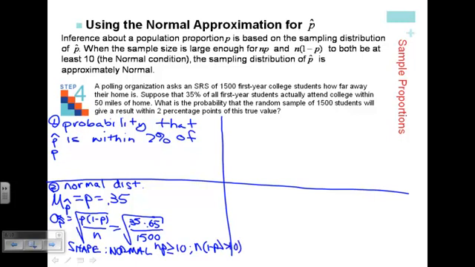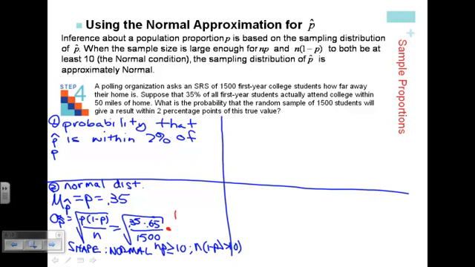Oh, I'm sorry, I forgot something here. I can't calculate the standard deviation unless I know I have independence. What was that condition for independence? The population is at least 10 times the sample size, or 10% of the population is bigger than our sample size.